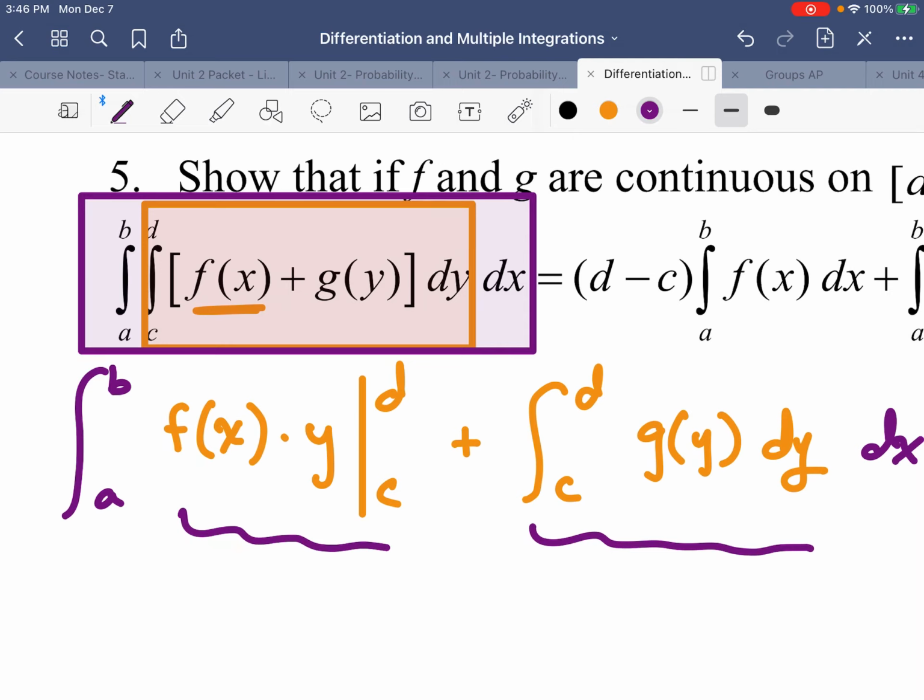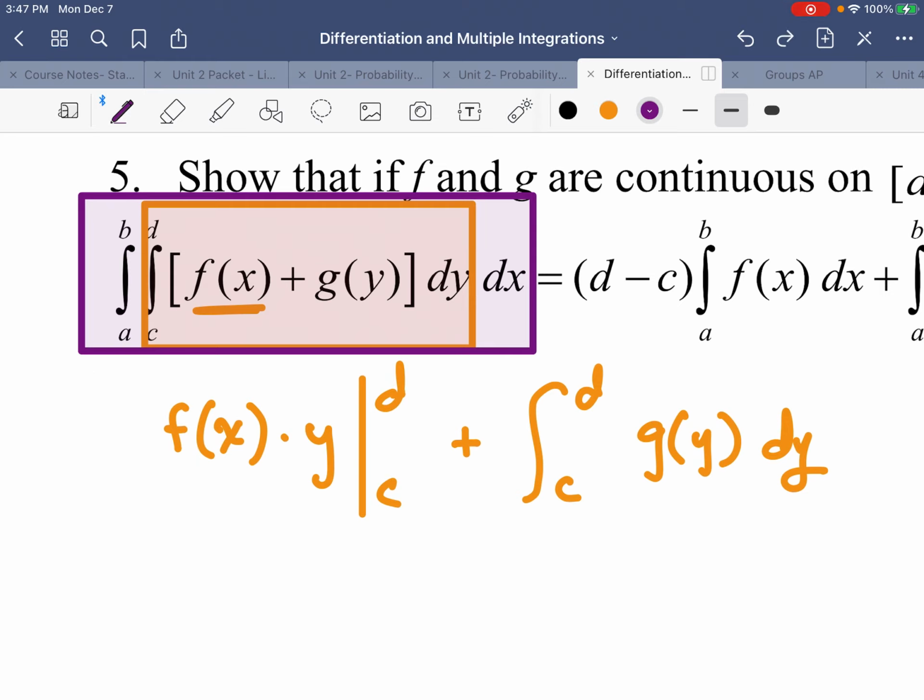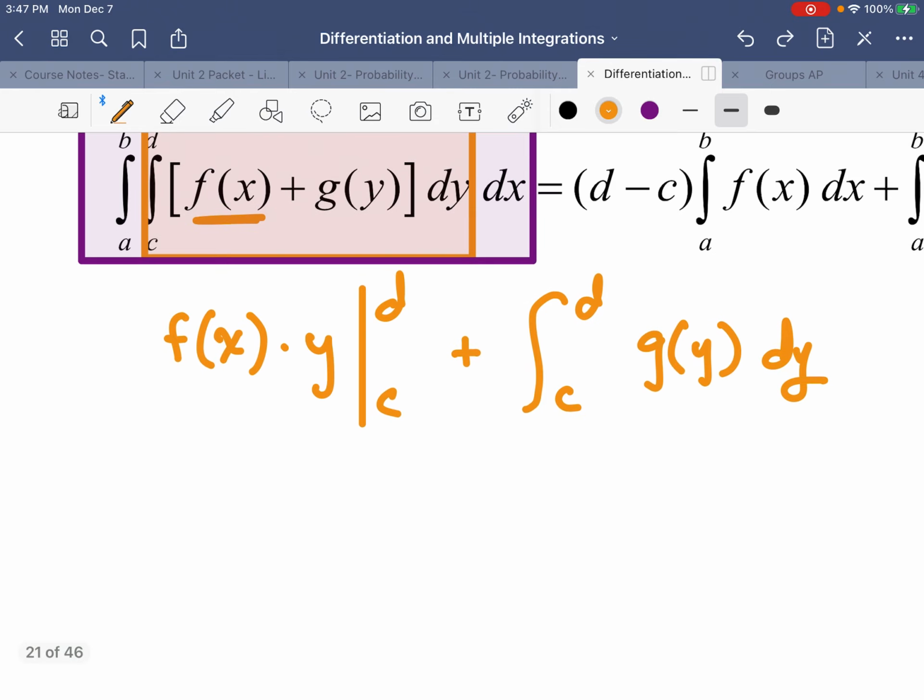So if I integrate with respect to x, the function of x. Oh, apologies, I never evaluated before I get to that. This is over the interval of c to d, with respect to y, so I can plug it in and simplify.